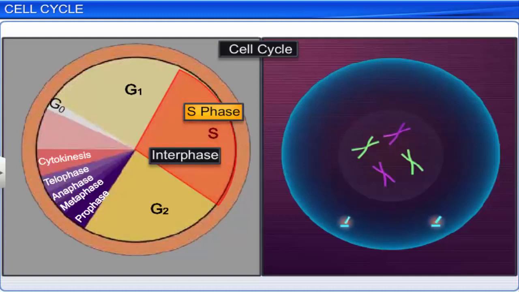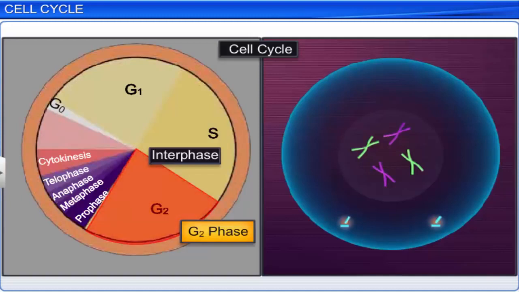Also, the centriole begins to duplicate in the cytoplasm. Finally, in the G2 phase or gap 2, the cell prepares for mitosis and cell division by synthesizing proteins while the cell continues to grow.